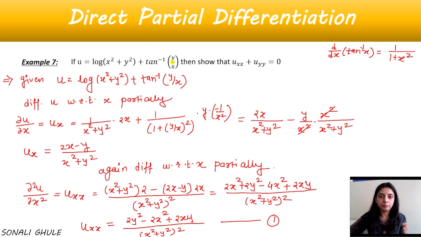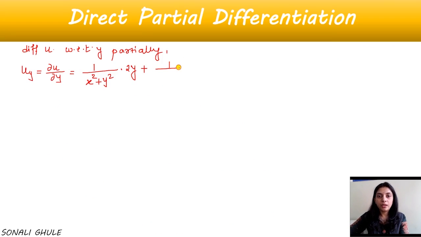Now here tan inverse y upon x, differentiating this with respect to y, it will be 1 upon 1 plus y upon x whole square into the derivative with respect to y. So this time 1 upon x is constant and the derivative of y is 1. Right? Now simplifying this, what do I get? 2y upon x square plus y square plus 1 upon x into.